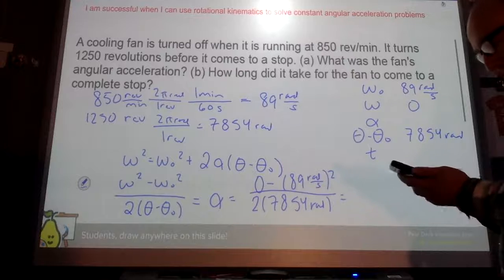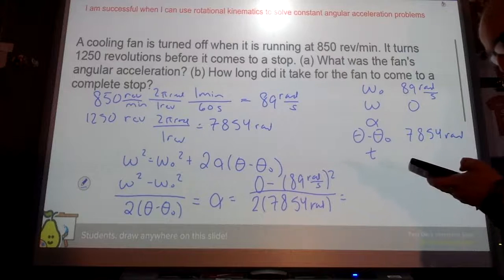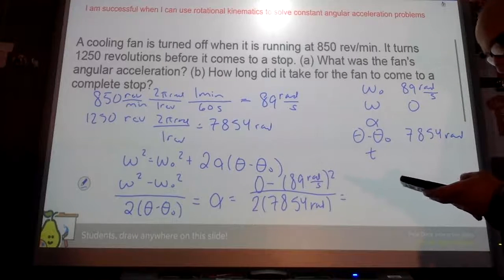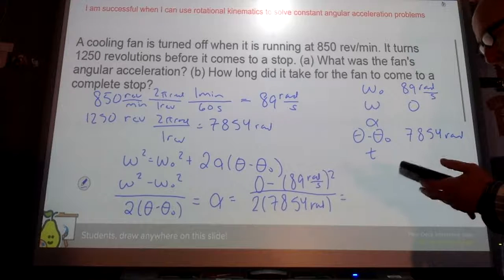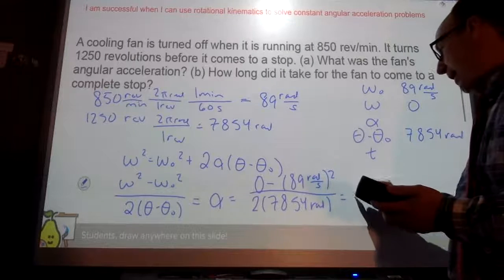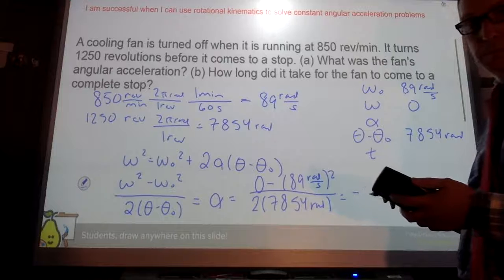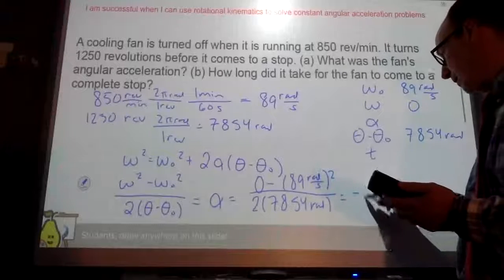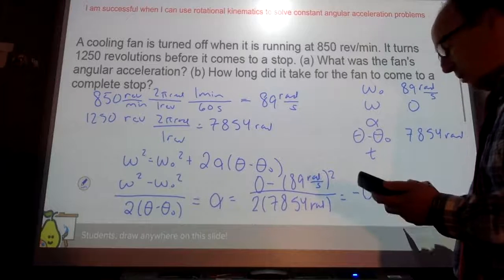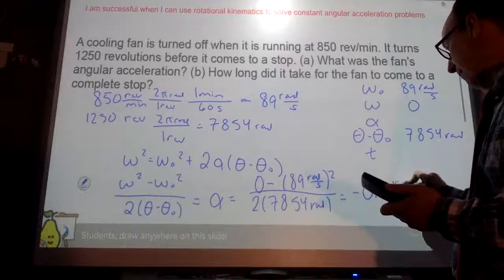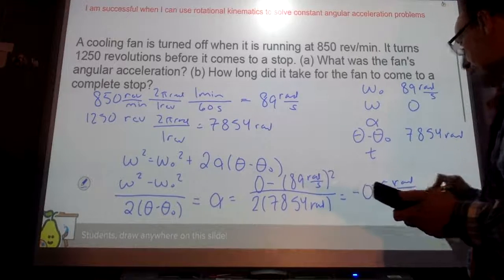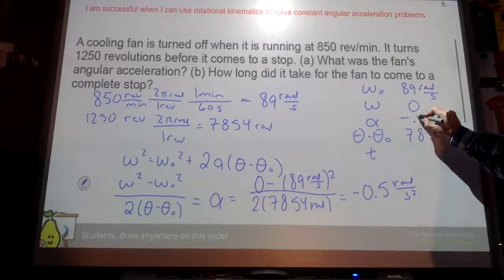So I'll plug this into my calculator. And I have, sorry about that, negative 0.5 radians per second squared.